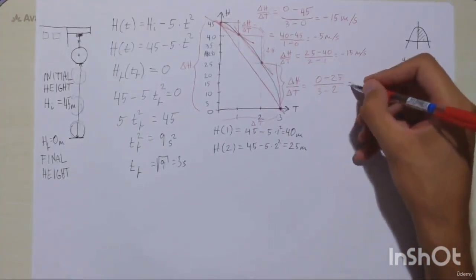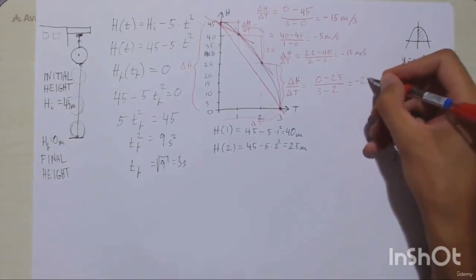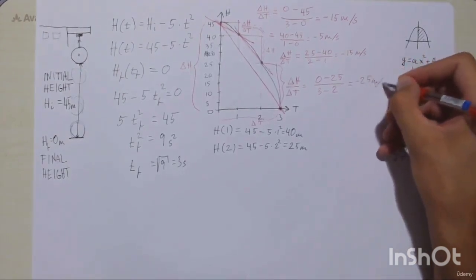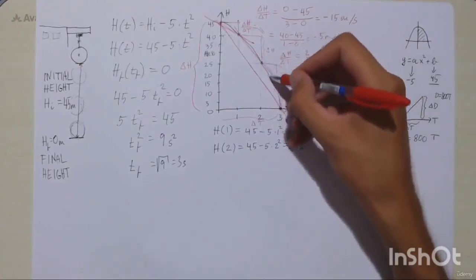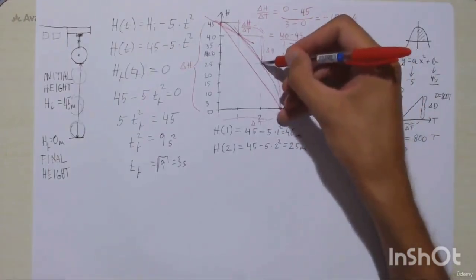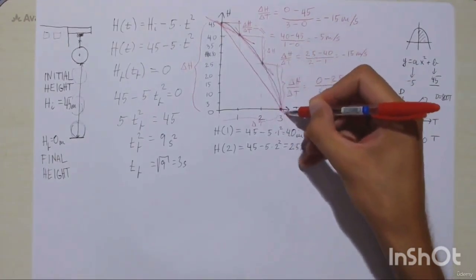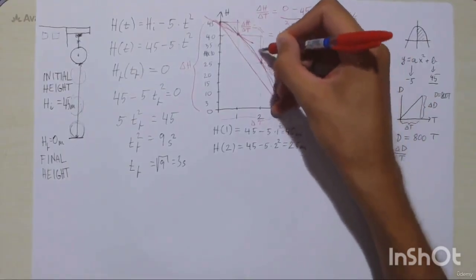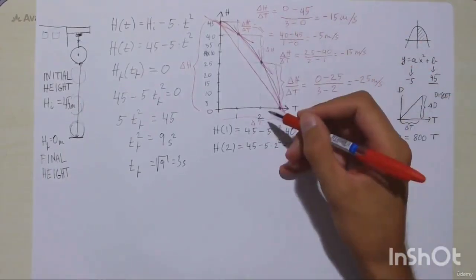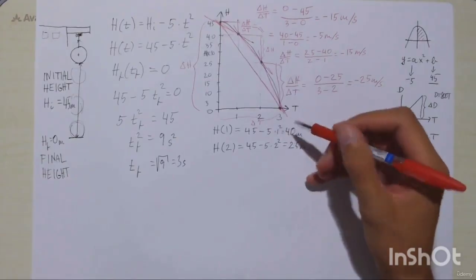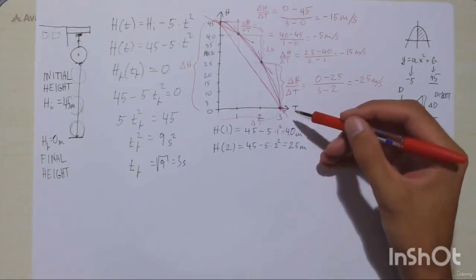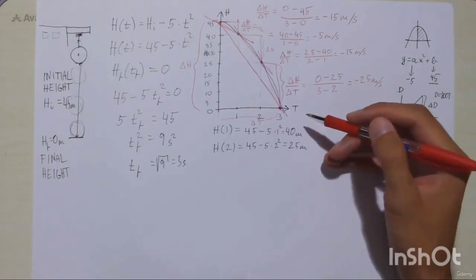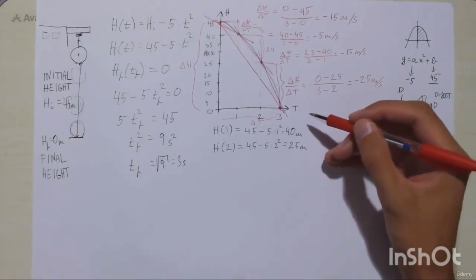And it would be minus 25 meters per second, which is a greater change, and you can see it from this straight line. If I graph this straight line, it would be, let's say, more vertical. So you can see that I can take whatever interval I want. I could have an infinite amount of average changes, depending on the interval that I take.